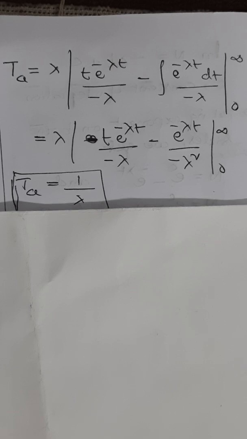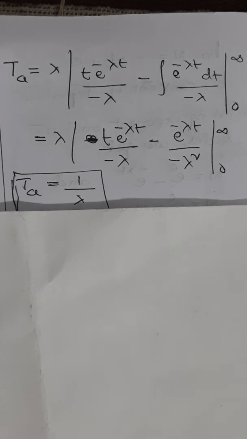Based on that, we tried to understand the concept of radioactive decay rates. From the decay rates, we arrived at n equal to n naught into e power minus lambda t, known as the Rutherford-Soddy equation, which indicates that the number of nuclei present in the sample decreases exponentially with time, and we have seen the decay curve also.